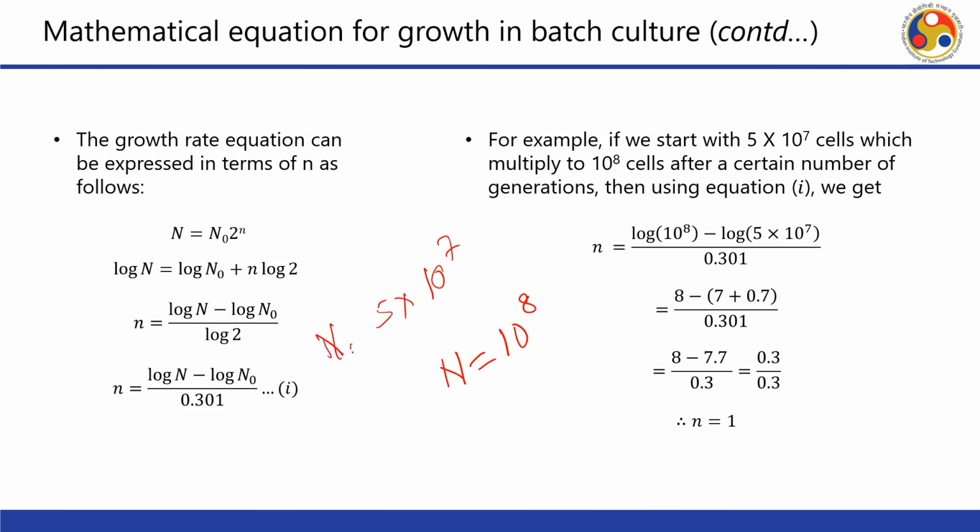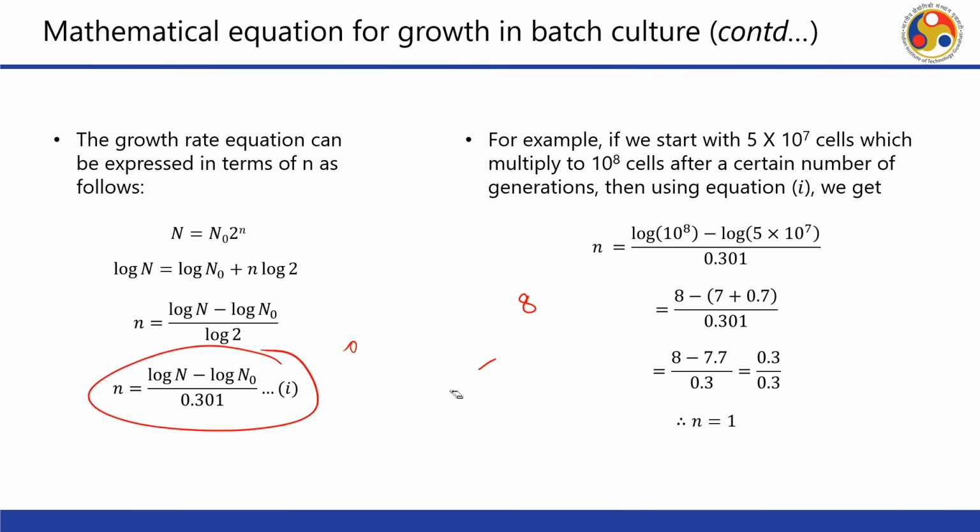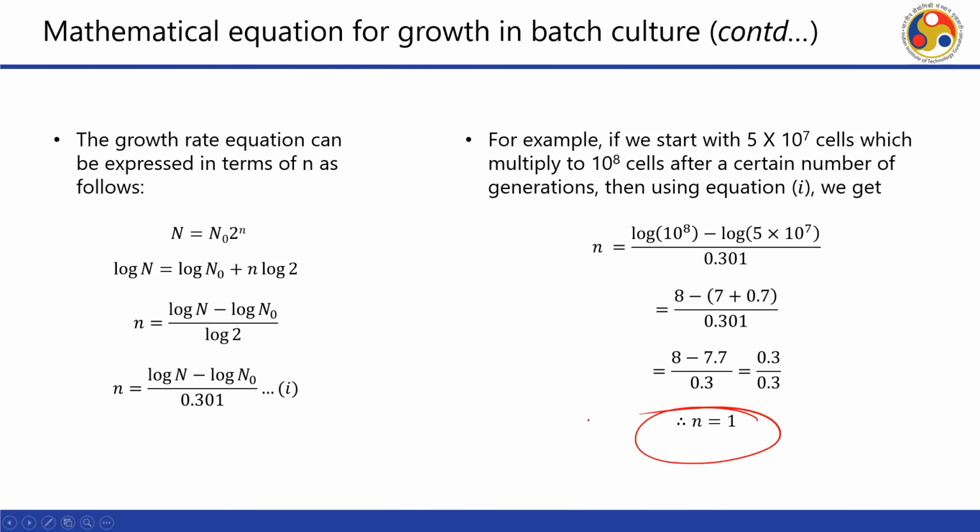Using this equation, we can calculate this as shown here, plugging in the values of N as 10 to the power 8 and N naught as 5 into 10 to the power 7. By solving this we find that in just one division the 5 into 10 to the power 7 cells will become 10 to the power 8 cells.